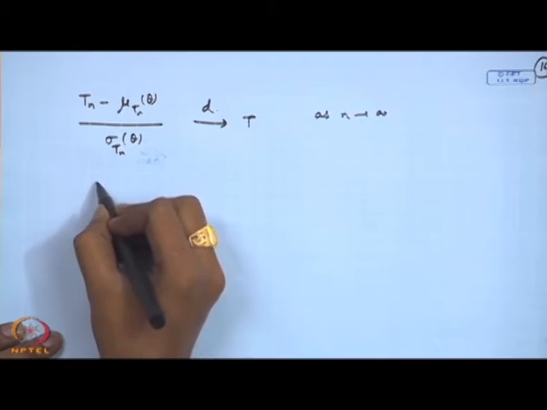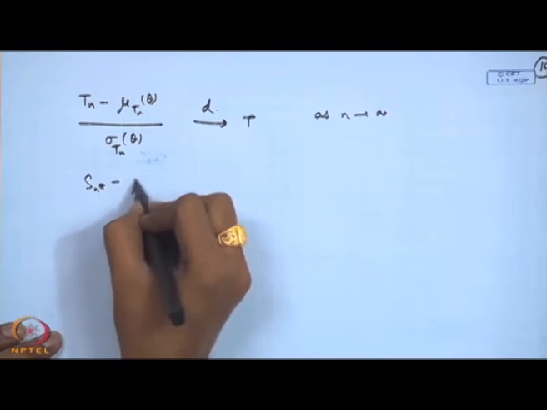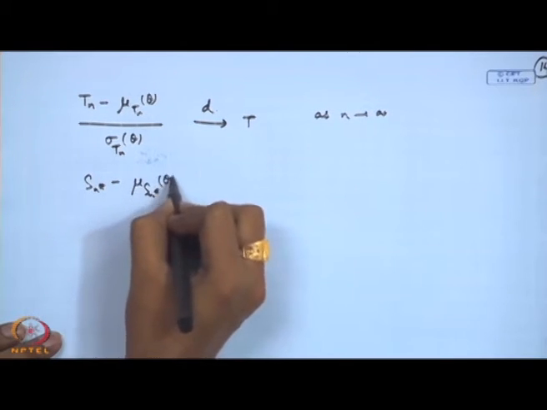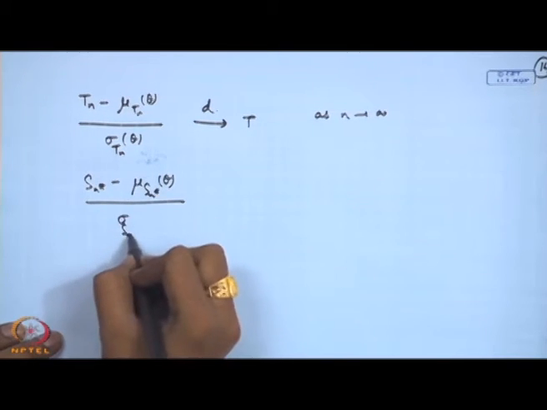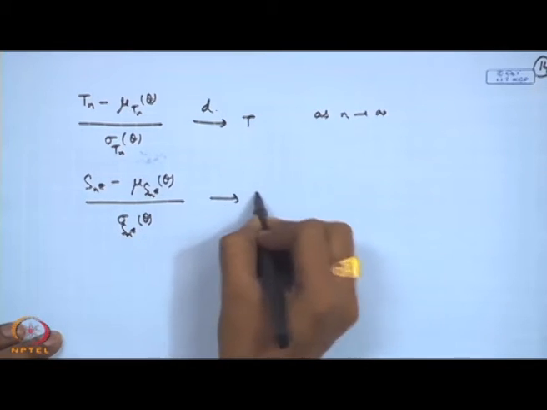We also assume that Sn star minus mu Sn star theta divided by sigma Sn star theta converges in distribution to T.